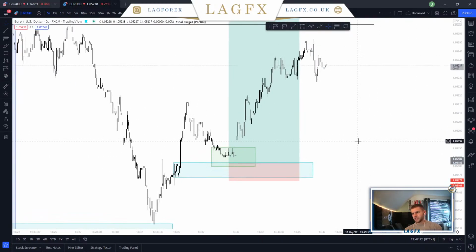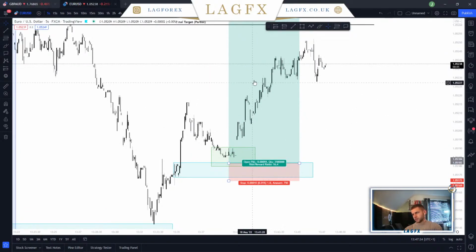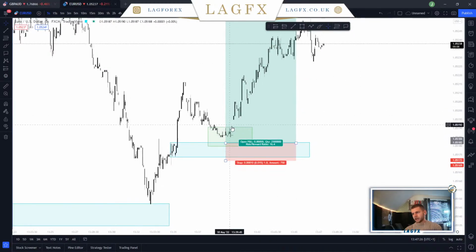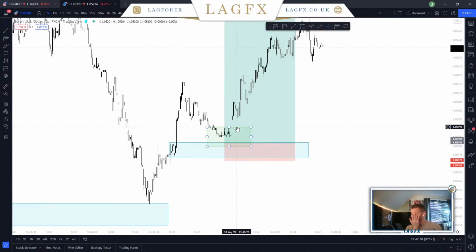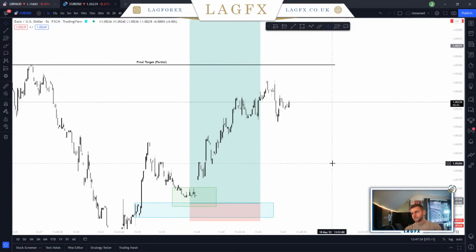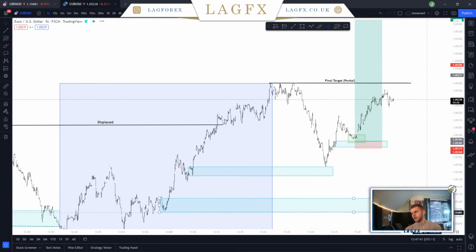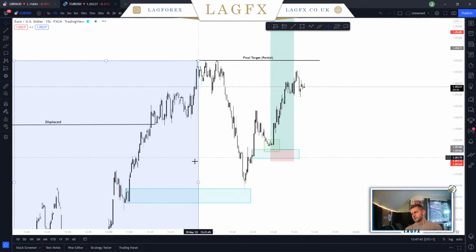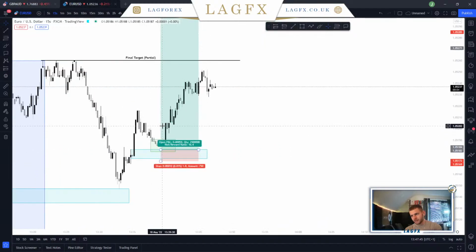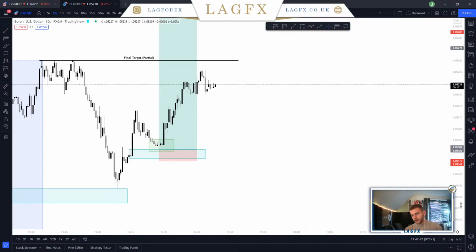Moving forward, where could price want to come and mitigate? Arguably, there's probably going to be something inside of this lower region. Nothing obvious though, which is tough to see because we've got such a big market gap. That's where it gets tough and hard to really confirm exactly where price may want to mitigate. So I'm probably just going to leave that for now, because I can't really identify a proper zone.